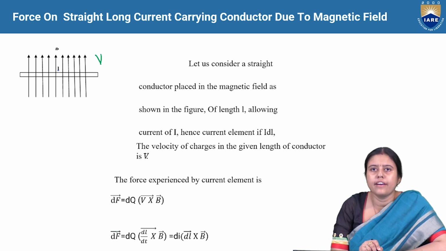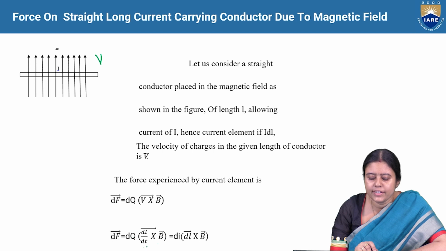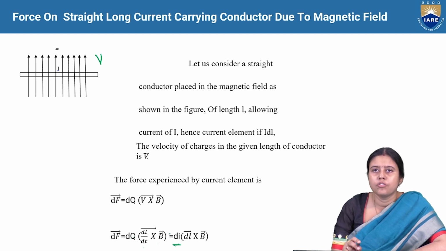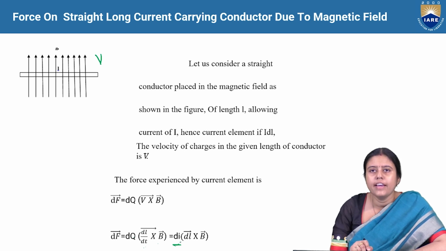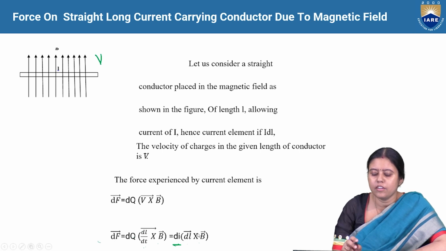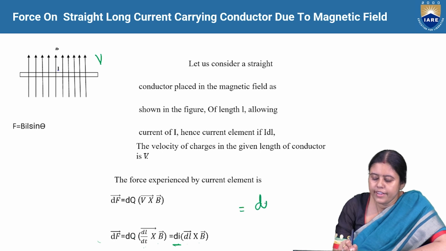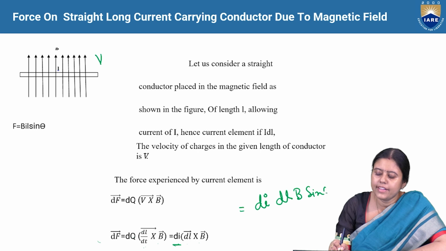So the force experienced by the current carrying conductor, we know dF is equal to dQ V cross B. Again we can write dF is equal to dQ dL by dt cross B as we discussed earlier, and dQ by dt is nothing but dI. So dF is equal to dI dL cross B, which we can write as B dI dL sin theta.